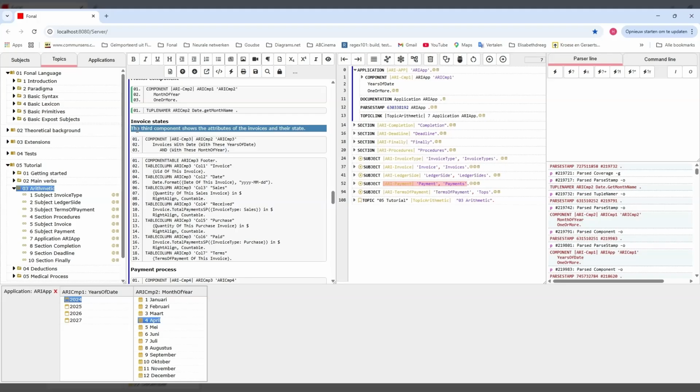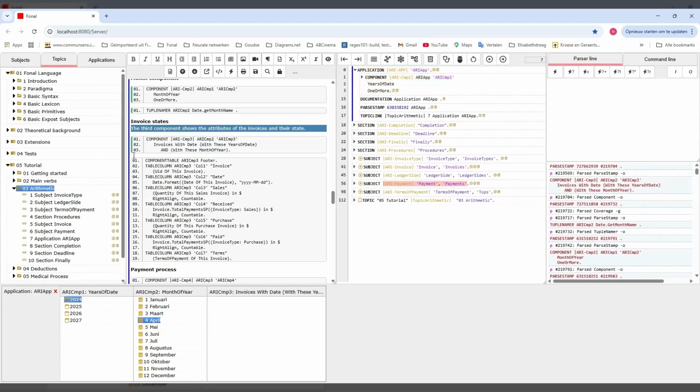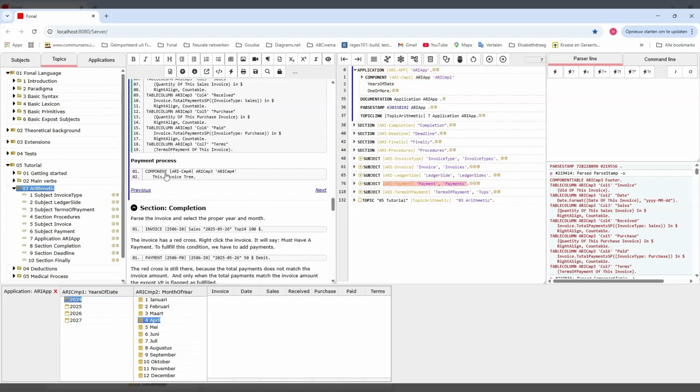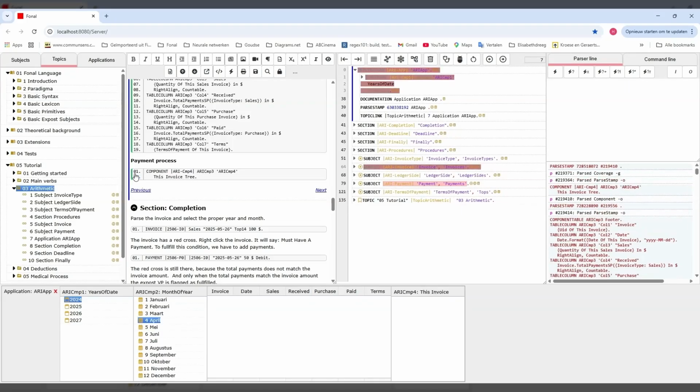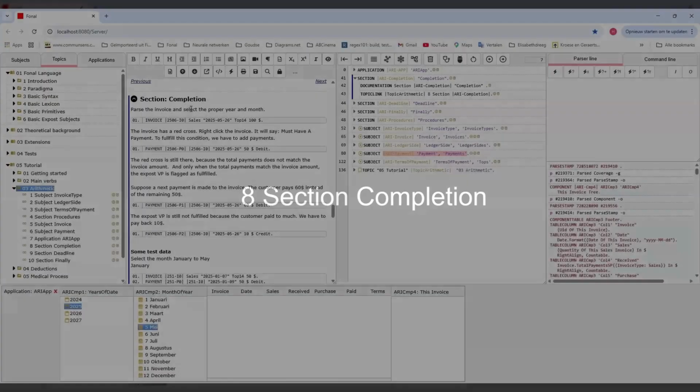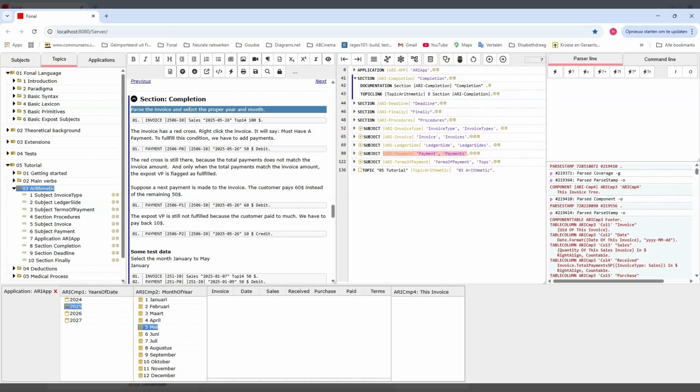The third component shows the attributes of the invoices and their state. Parse the invoice and select the proper year and month.